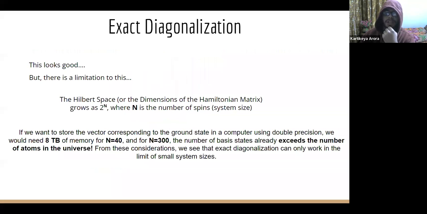And for 300 particles, the number of basis states, or the number of vectors that we need to solve, already exceeds the number of atoms in the universe. So this procedure or algorithm limits us to only small system sizes. So we need another way around it.